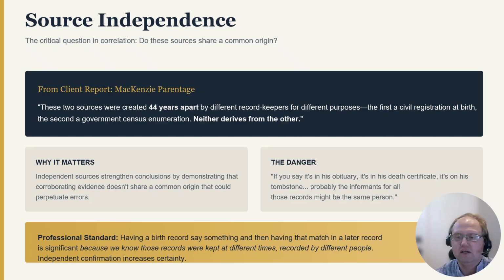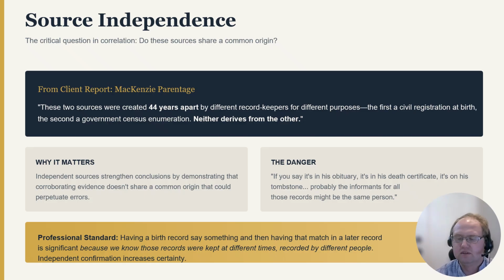When somebody dies, you might notice they all have the same birth information. His obituary says the same thing about when and where he was born. So does his death certificate. His tombstone has the same birth date as well.